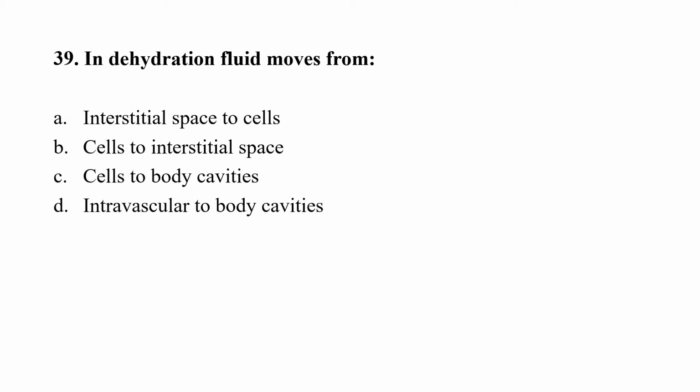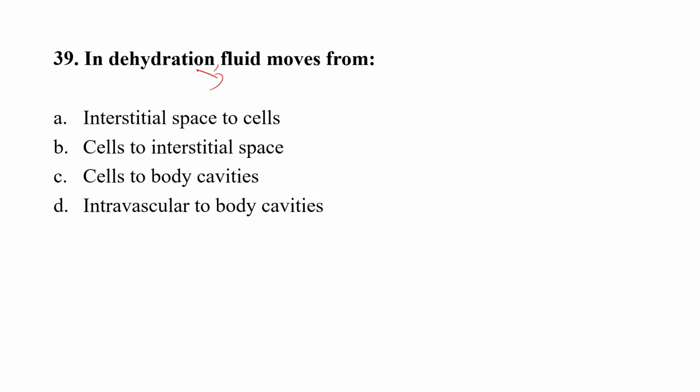Question number 39. In dehydration, fluids move from option A, interstitial space to cells; option B, cells to interstitial space; option C, cells to body cavities; option D, intravascular to body cavities.